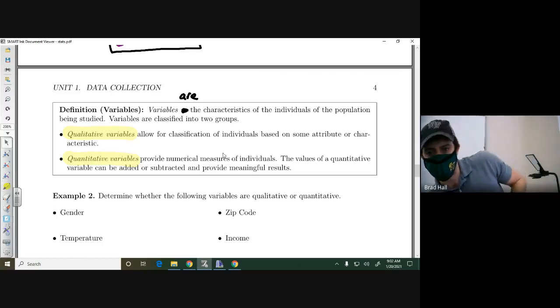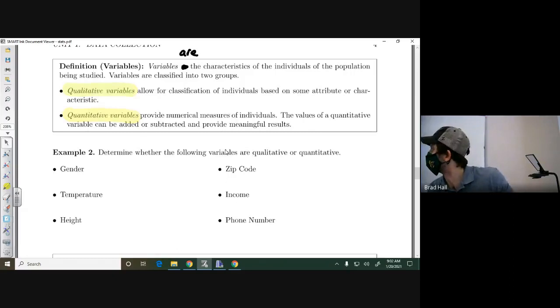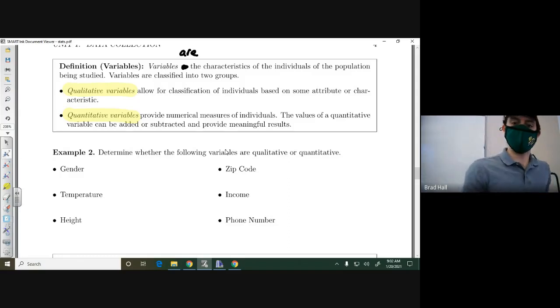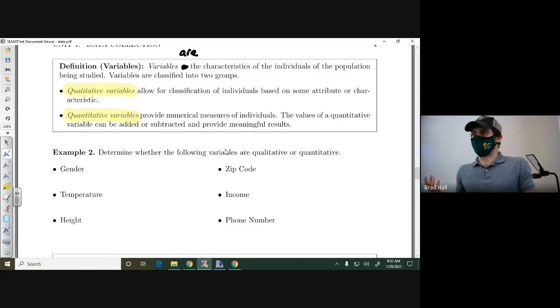And there's a few quick examples I have. We're going to go through all of these various variables. These are all various characteristics of people, and we're going to figure out if they're qualitative or quantitative. So gender, that one is qualitative. If one of these cannot be represented by a number, then that's going to be qualitative.